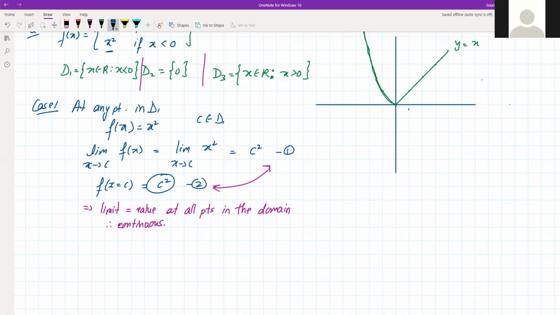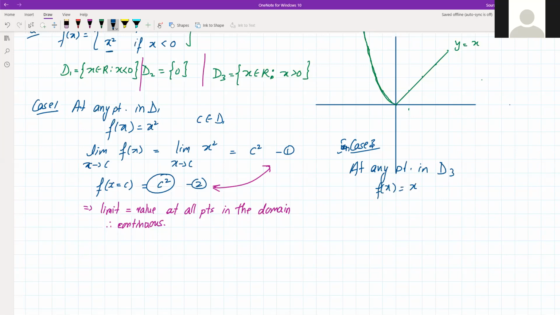Say in D3, case 3, at any point in D3, our f(x) will be equal to x.